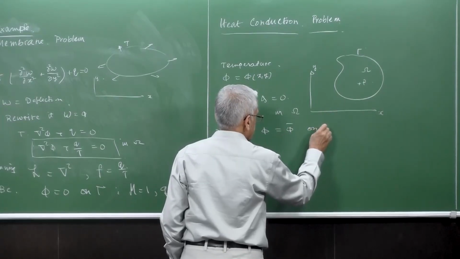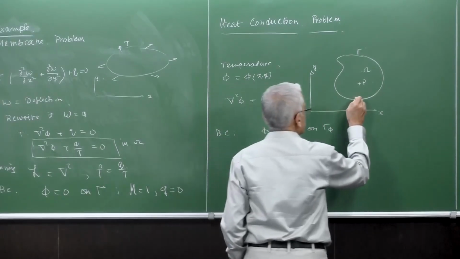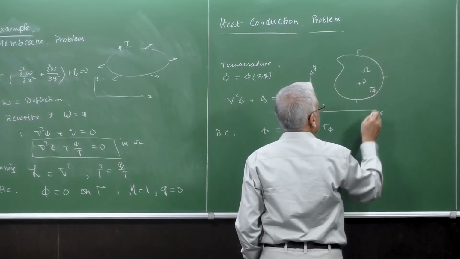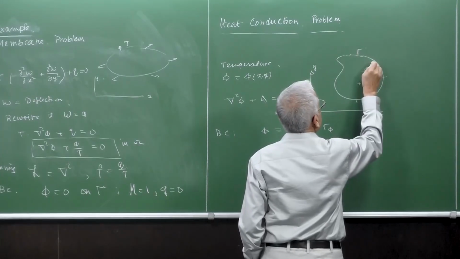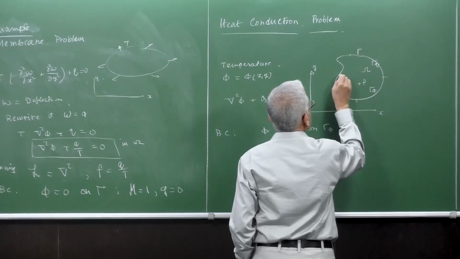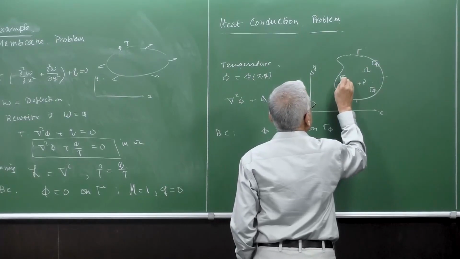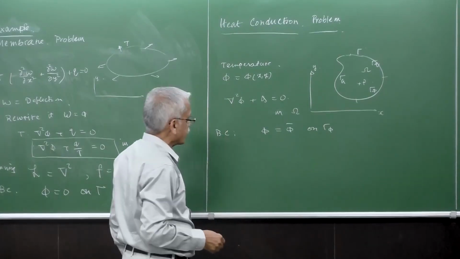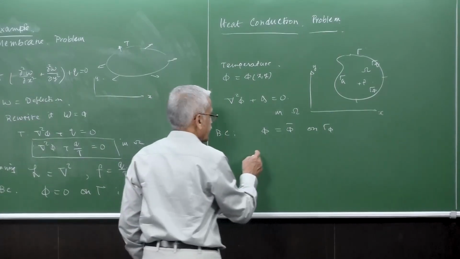Yesterday we discussed that the boundary can be divided into gamma phi, gamma q and gamma h. Gamma phi is where we define the temperature phi.